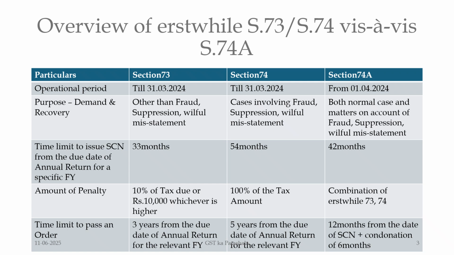Section 74A is a culmination of both existing provisions of 73 and 74. That means the proper officer is going to use this mechanism of 74A for the tax demand in normal cases or cases involving fraud, suppression, willful misstatement.